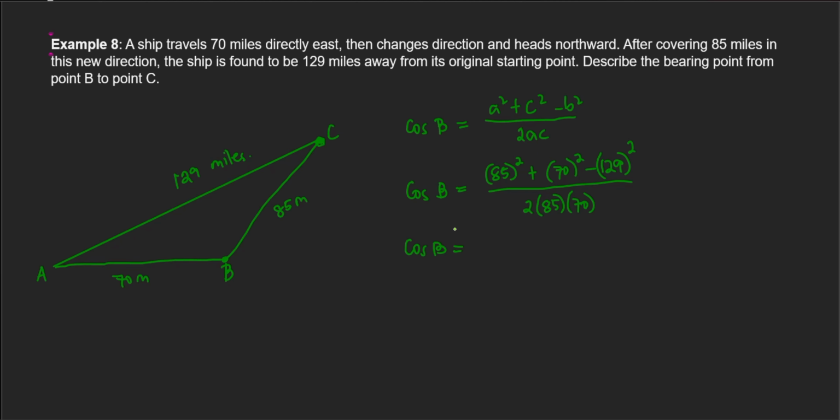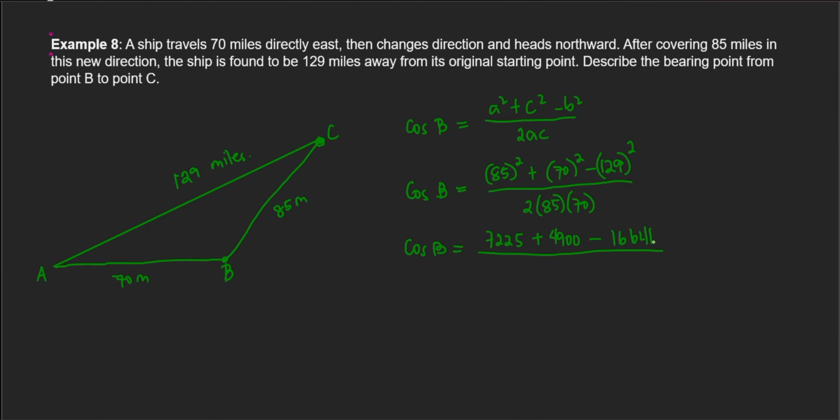So we have 85 squared, that is 7,225 plus we have 70 squared, that is 4,900 minus 129 squared, that is 16,641, all over, calculate.